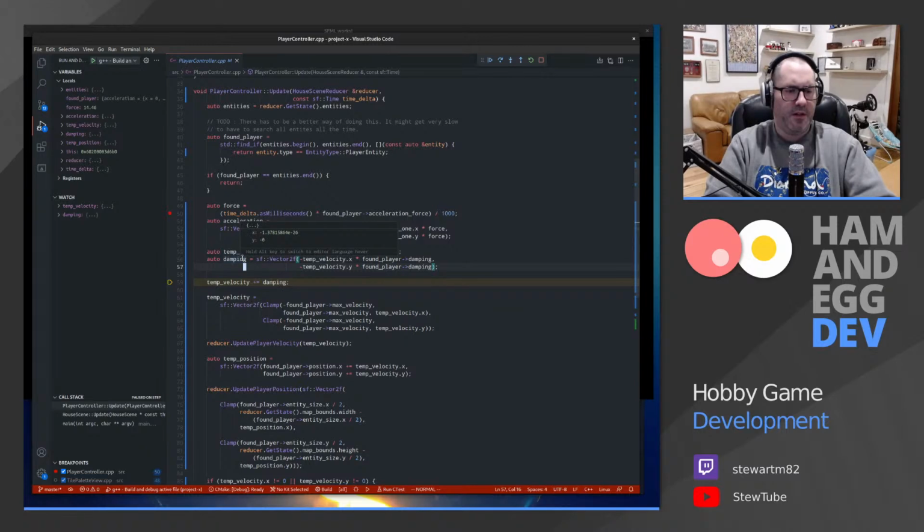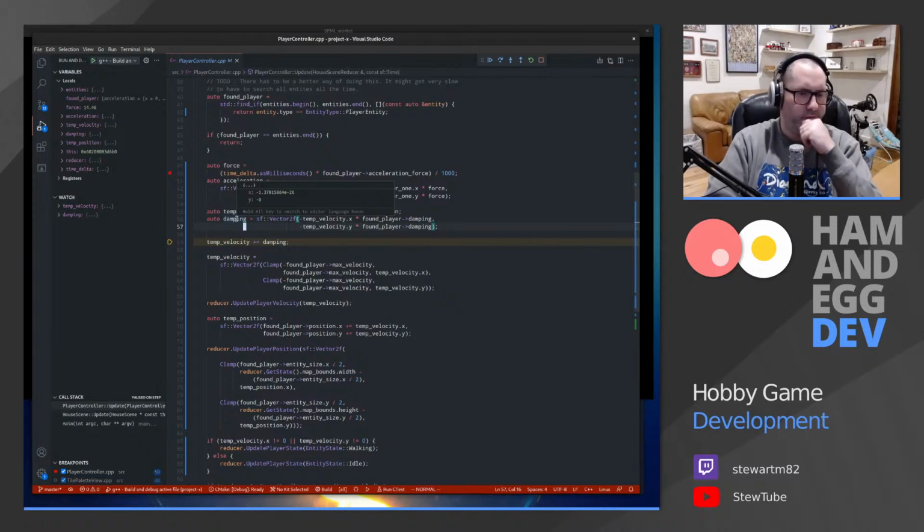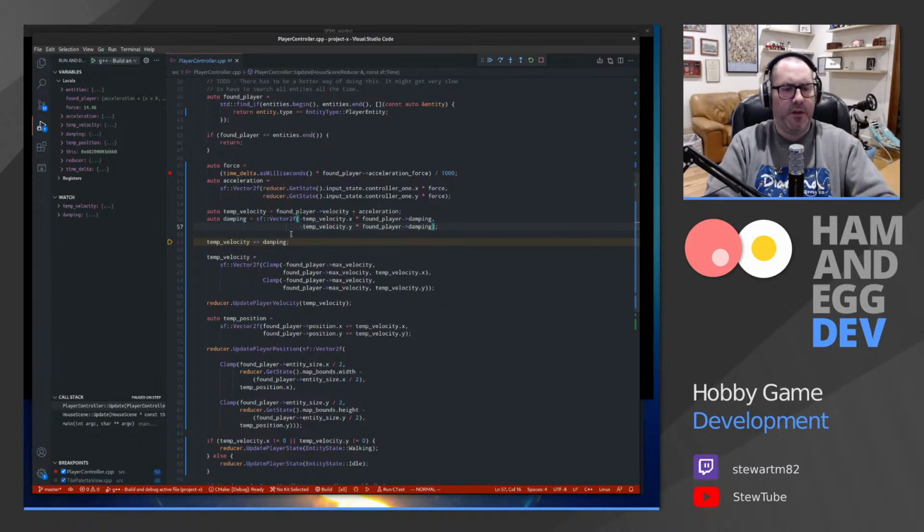So this damping. Temp velocity. So we invert the velocity and multiply it by the damping factor, and then we add that.